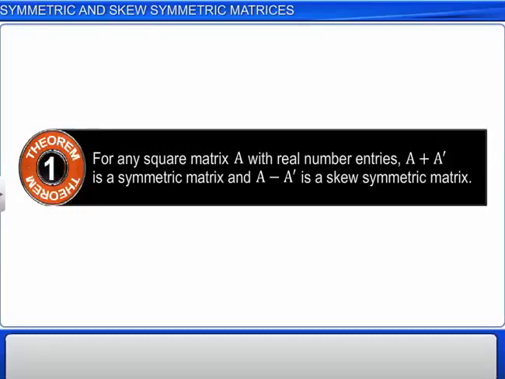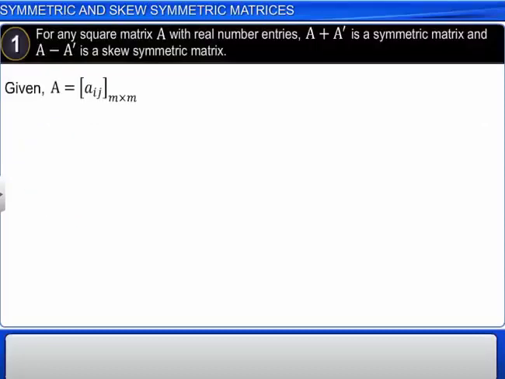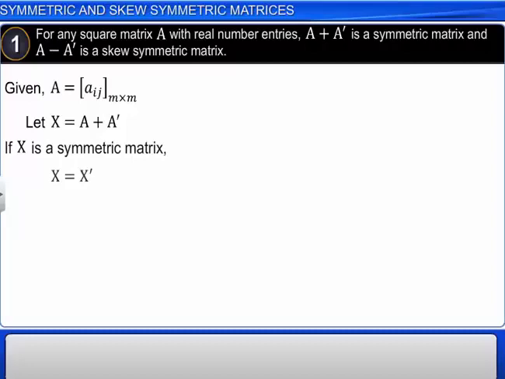Next, we will see two theorems based on symmetric matrices and skew symmetric matrices. The first theorem states that for any given square matrix A with real number entries, the sum of A and A transpose is a symmetric matrix, and A minus A transpose is a skew symmetric matrix. A is a square matrix with real numbers as its elements. For the moment, let X be the sum of matrices A and A transpose. If X is a symmetric matrix, then X is equal to X transpose.